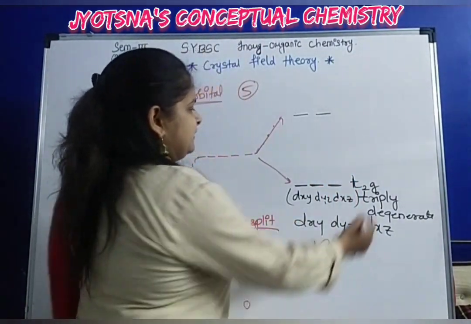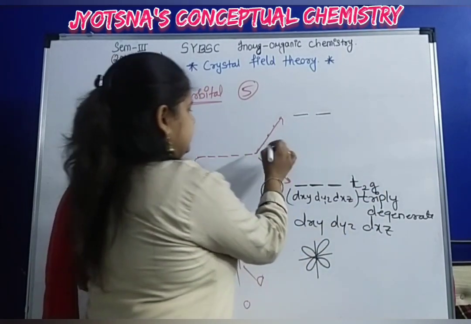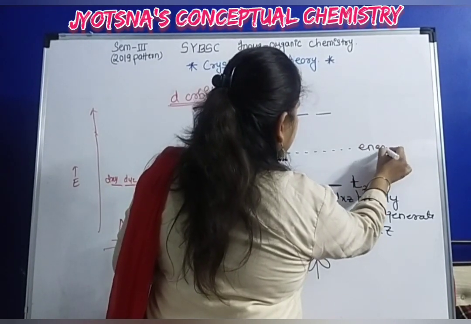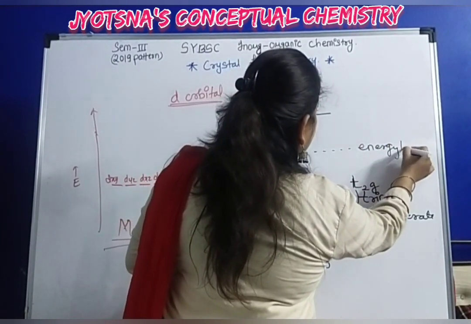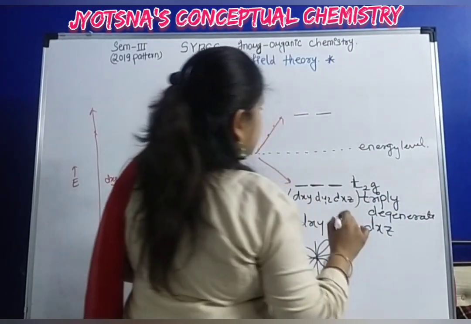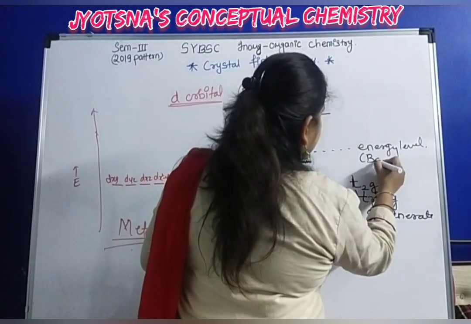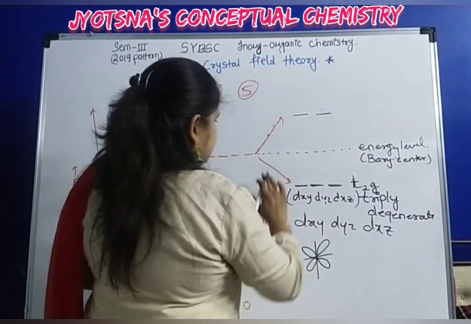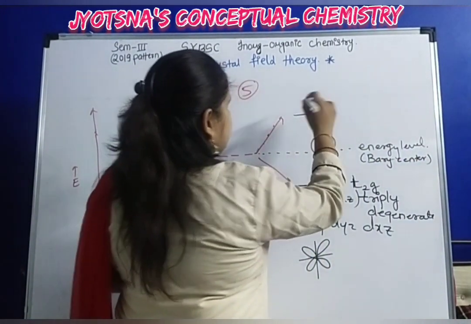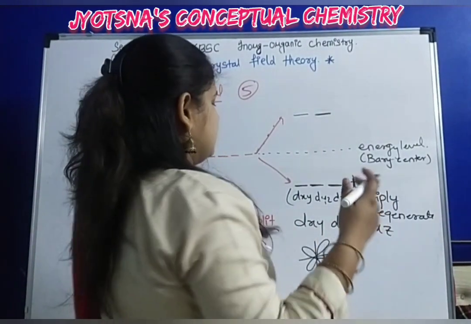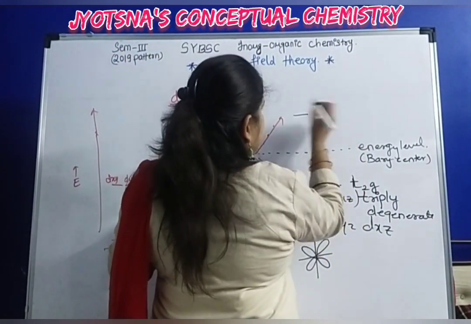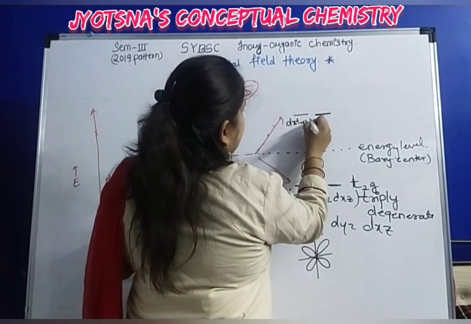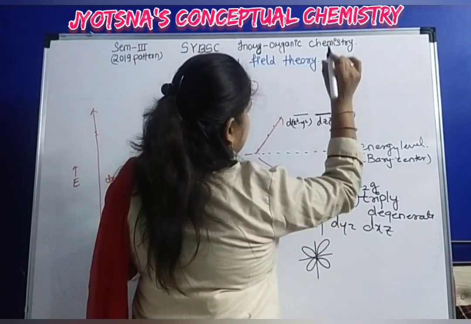Here g stands for gerade, and this is an energy level, or you can say Barry's number. The other set is somewhat higher in energy. Here dx square minus y square and dz square come.